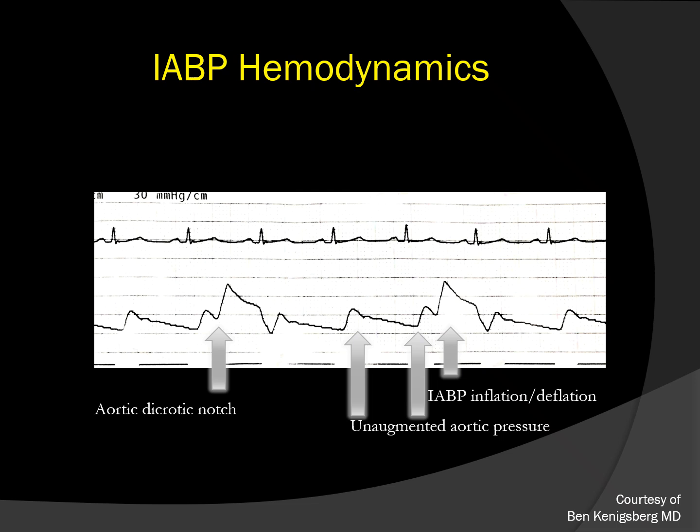Notice how the trough before that next systolic aortic tracing is lower than the unassisted aortic tracing. This lower blood pressure provides reduced afterload to the left ventricle.